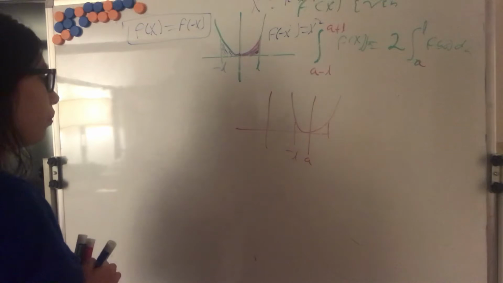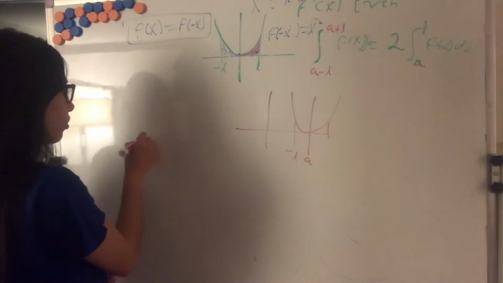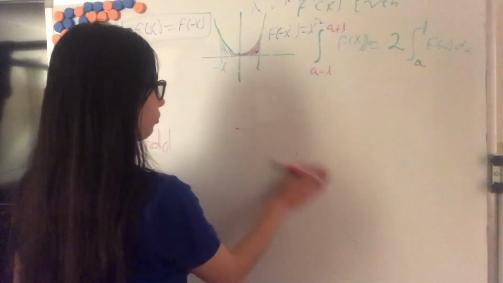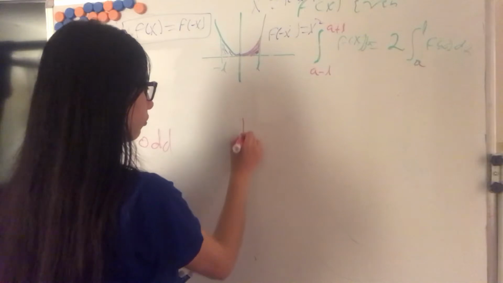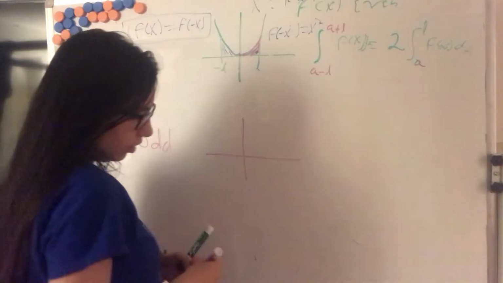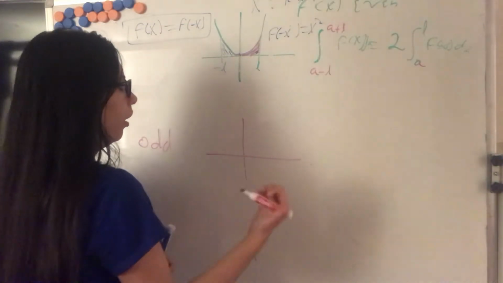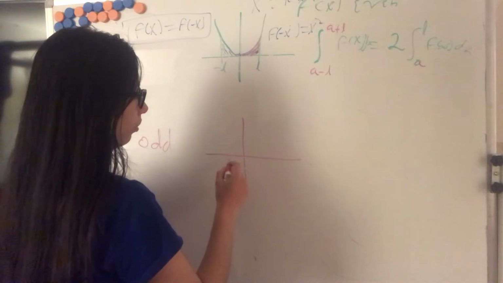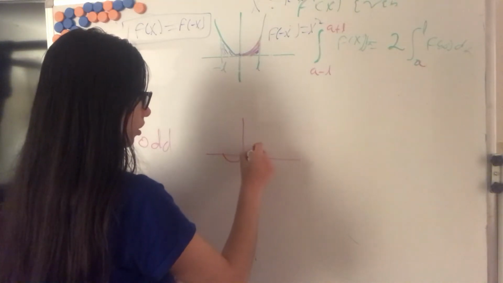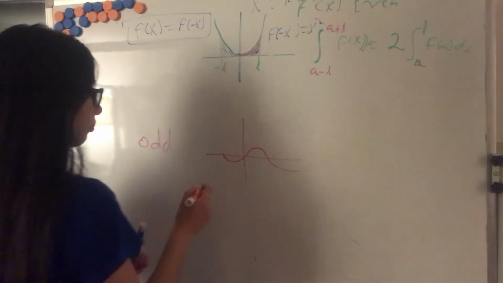On the odd functions, now, let's say an odd function could be sine, for example, the simplest odd function that I am remembering now. So we do something like this. This is an odd function.